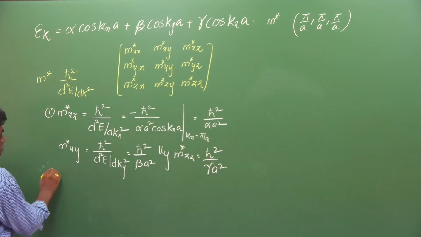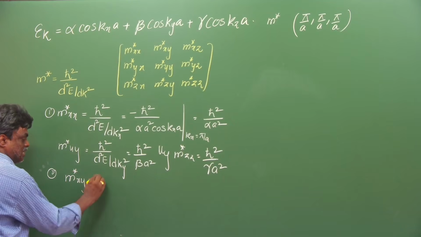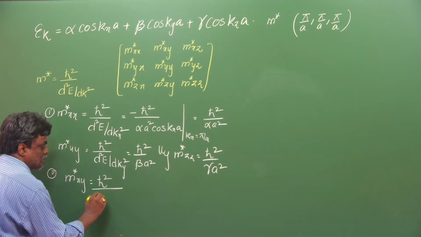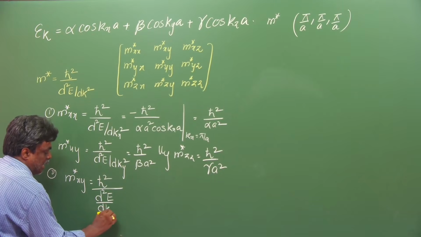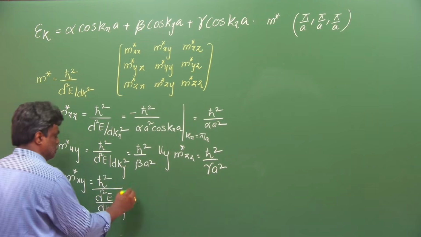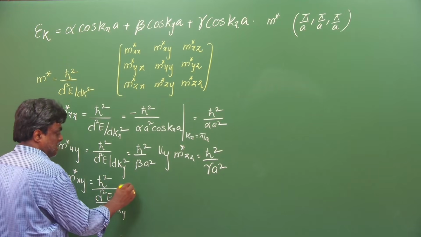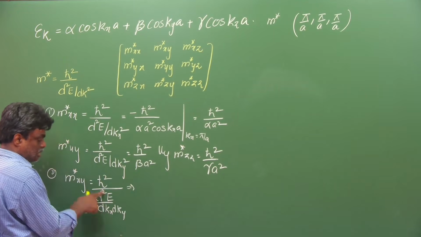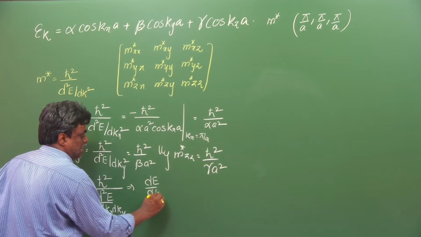next second part. We would like to find m star xy, which is nothing but h cross square by d square e by dkx dky. You can write, no issue. Ready? So you have to first find this. No need to get tension. First do any one thing. That means de by dkx.